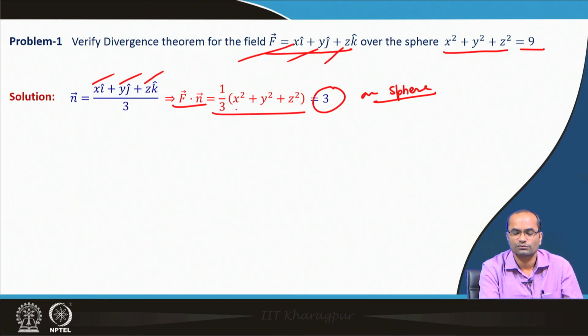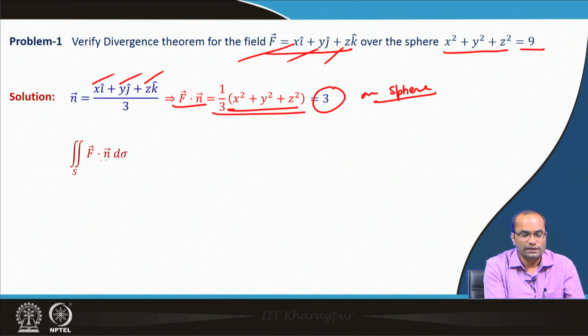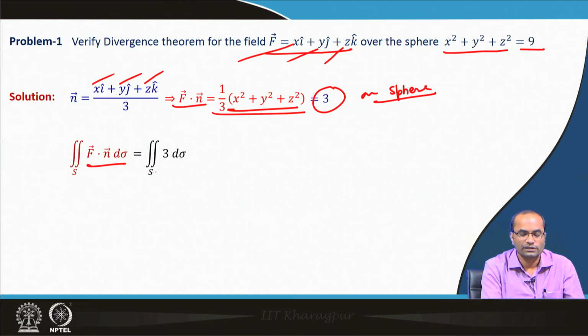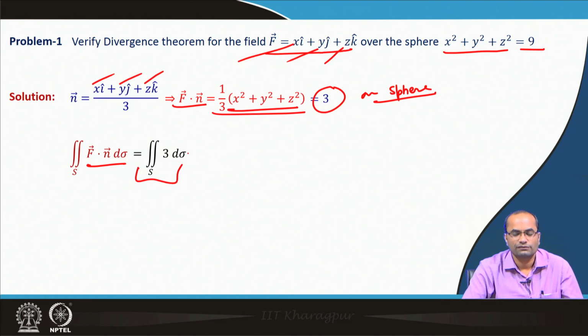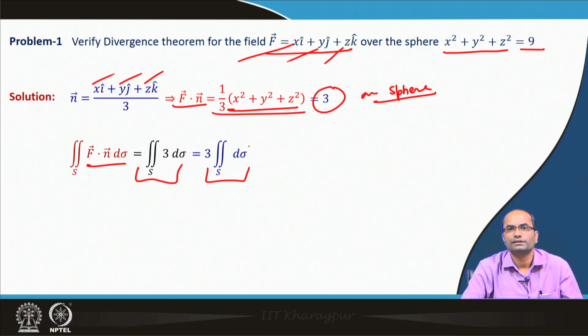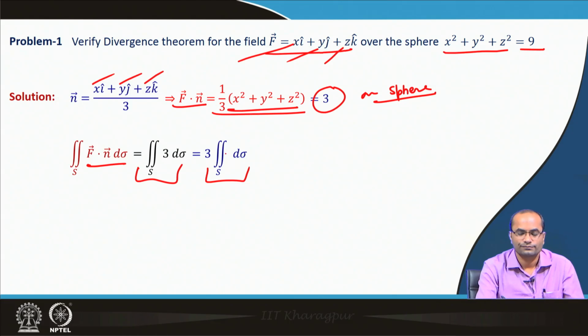Because x square plus y square plus z square is 9 there, and 9 divided by 3 is 3. So, this f dot n d sigma, the surface integral, we will evaluate now. We know this f dot n is 3, so it is very simple now. So, 3 times the surface integral with just 1 as its integrand.